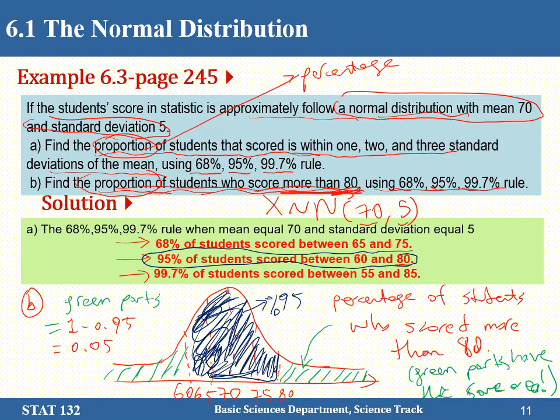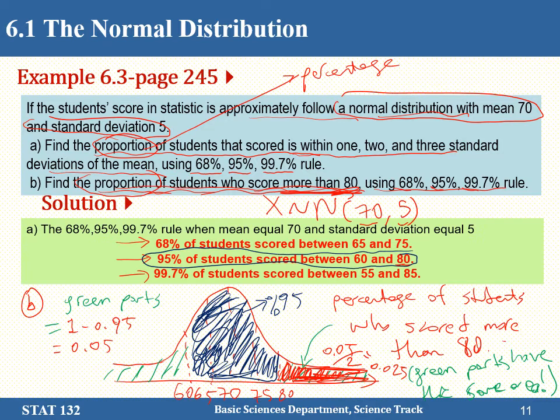So we will divide by 2, because the two green parts together are 0.05, and when you divide this you will get 0.025. If you convert this to percentage, it will be just 2.5%.